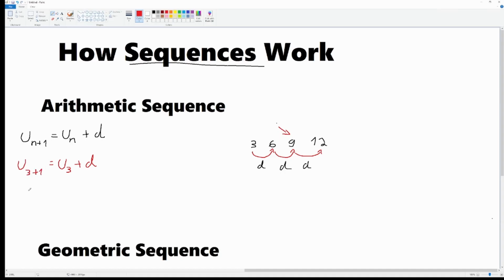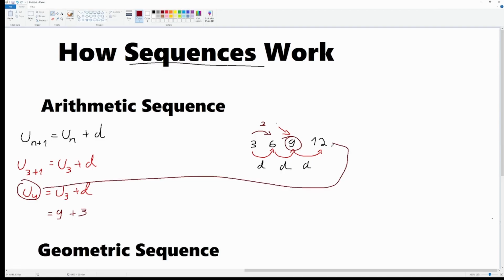So in this case, it is said that u_4 is equal to u_3 + d. So let's take examples. For instance, our u_3 is 9, and we know that d is 3 because it goes up by 3 each time, and our u_4 is equal to 12.